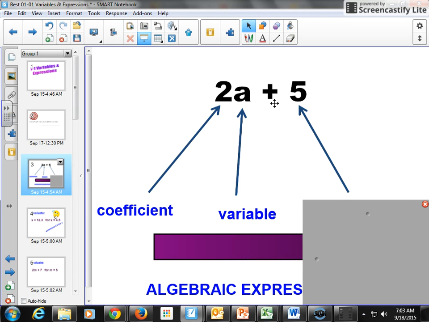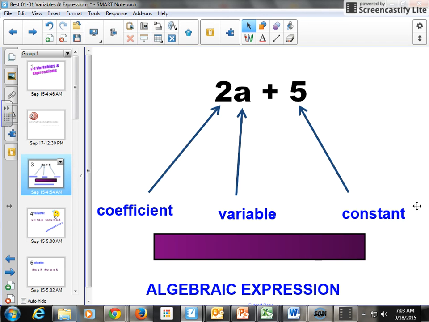I don't have any name given to the operation sign for adding, but we could if we wanted to. And the last label that we're going to put on here is for the 5. What we refer to the 5 as is a constant. A constant is a number that doesn't change. As we get more and more into this chapter, I'll be using this vocabulary all the time, so I want you to become familiar with it.